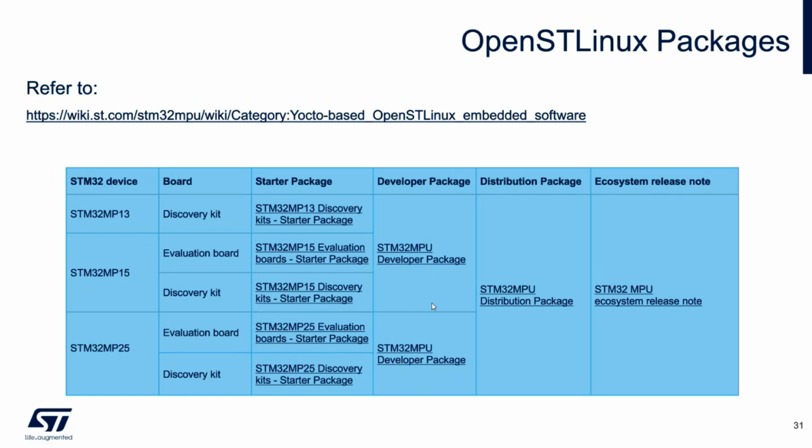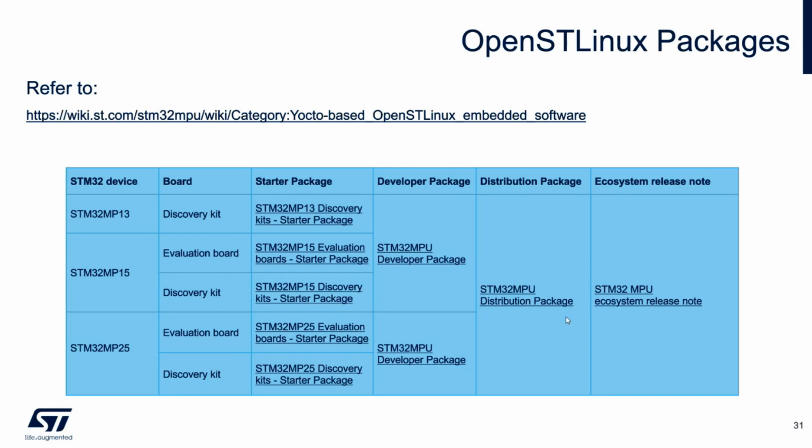Why? Because MP1 is a 32-bit architecture, so we need a cross compiler that is able to produce firmware for a 32-bit architecture. MP2 is a 64-bit architecture, and so the cross compiler and the toolchain are able to generate binary for a 64-bit architecture. But we have just a single distribution package.